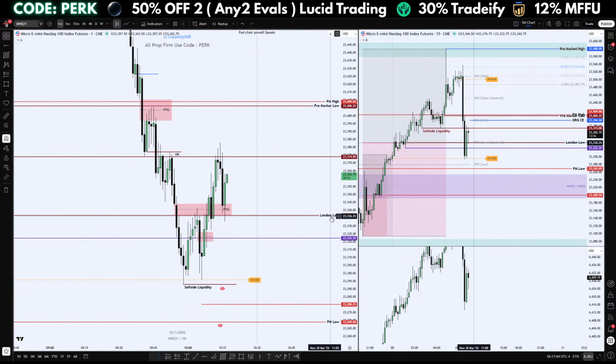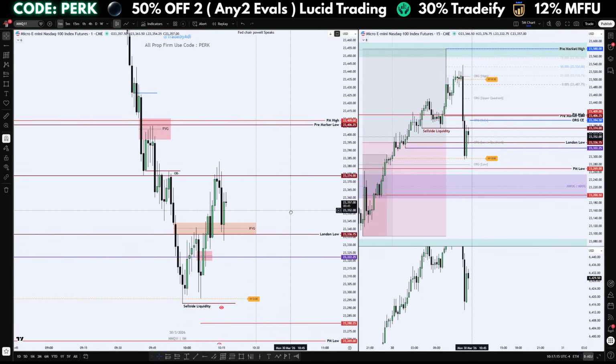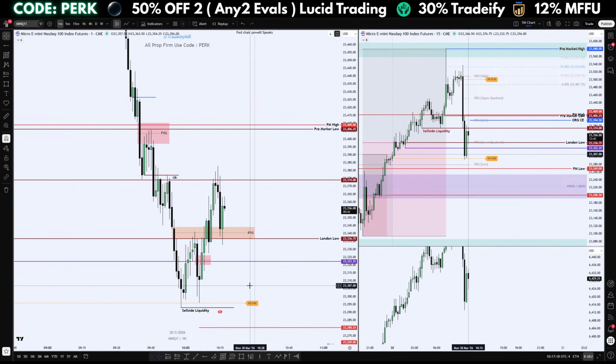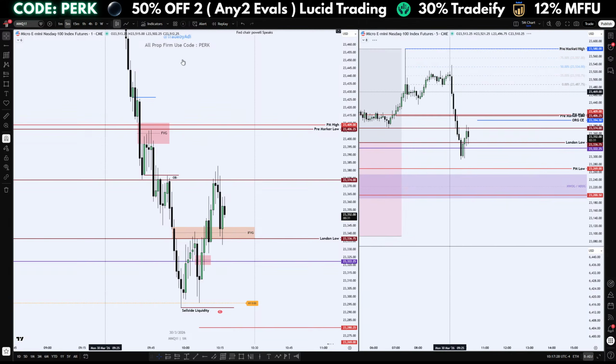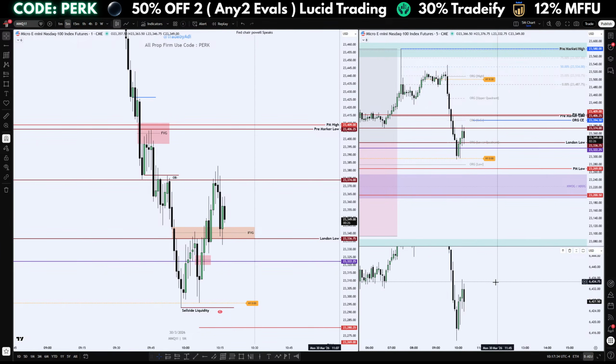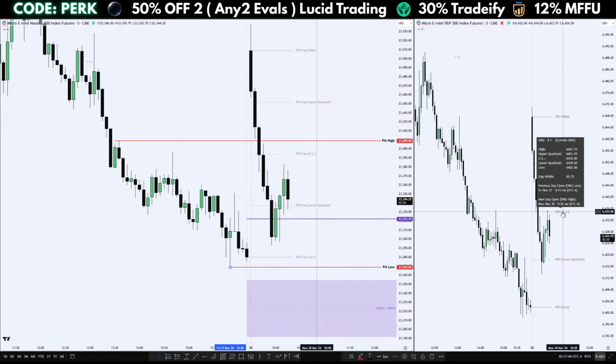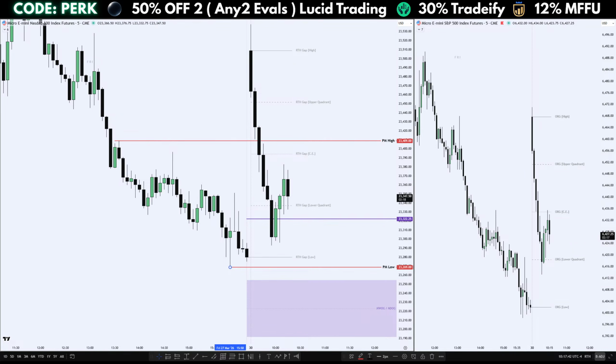We are taking support from this London low right now and from this FVG. Let's see if we create any order block or not. The ES has tapped to the CE and the Nasdaq has not done it.